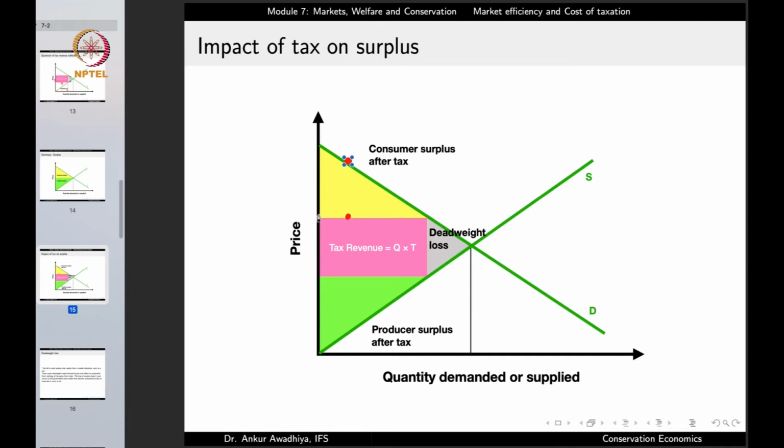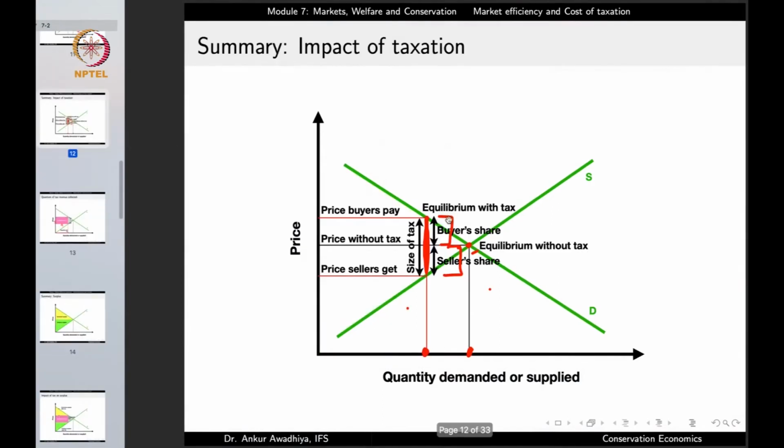Now, because the consumer is now paying a higher price, earlier the consumer was paying a lower price that was given by this amount. So this is the price without the tax. But now the buyer has to pay a higher price. And we have observed that in the case of a consumer surplus, it is the difference between the value of a good and the price that the buyer has to pay.